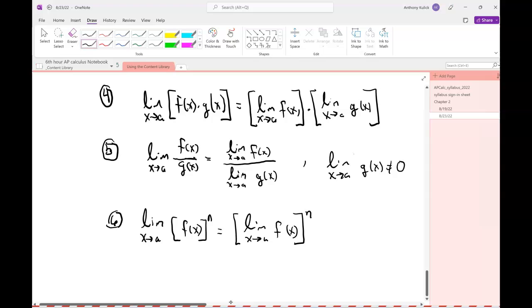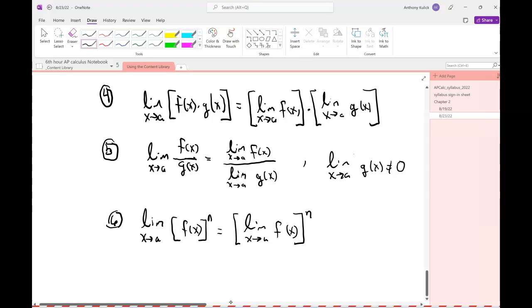So this one says if you're doing the limit as x approaches a of f of x to the n, you can just do the limit as x approaches a of f of x, and then raise that answer to the nth power. This is particularly helpful if you have trig functions.